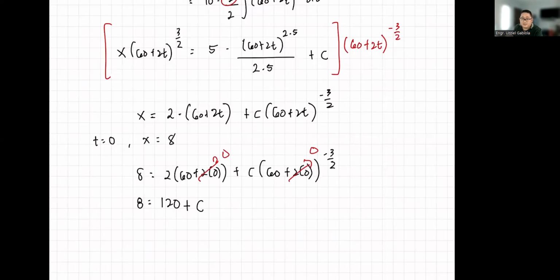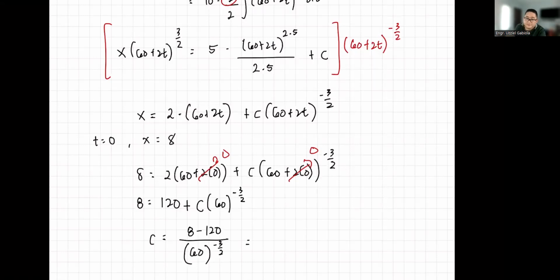So 60 raised to negative 3 halves o negative 1.5. So simplify natin. This will be C is equals to 8 minus 120 all over 60 raised to 3 halves para makuha natin yung value ni C. Okay?